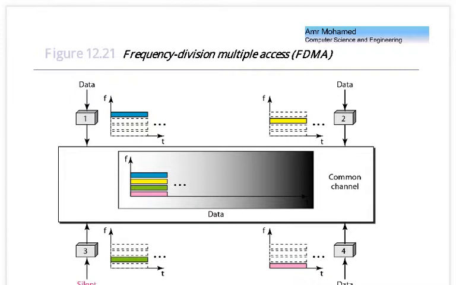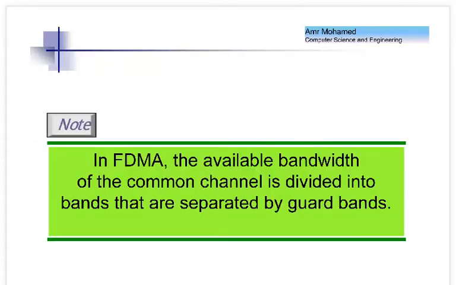So we should account for this by accommodating some guard band between the nodes. So in FDMA, the available bandwidth of the common channel is divided into bands. We call them bands or subchannels that are separated by guard bands. So that's the simple technique of FDMA.